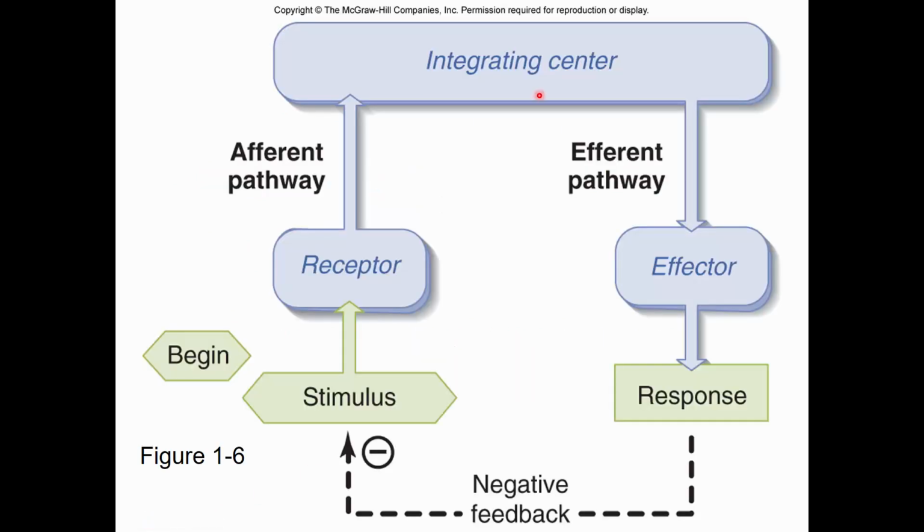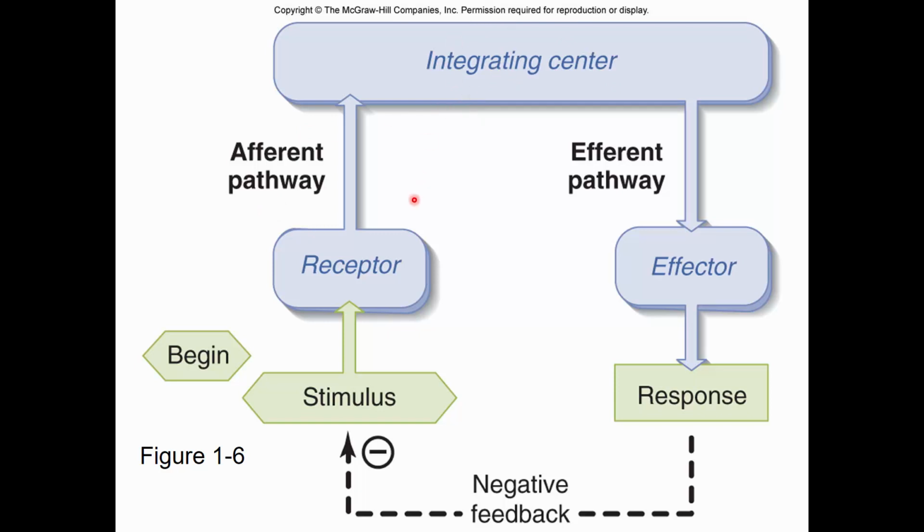How does this happen? Well, if you're going to regulate the level of a hormone or regulate blood glucose level or regulate temperature or whatever it is, then you have to have a receptor that's monitoring what that parameter is. That receptor then has an input pathway to some kind of integrating center. If it's a neural mechanism, then it's a sensory neuron going to the brain or the spinal cord, something like that.